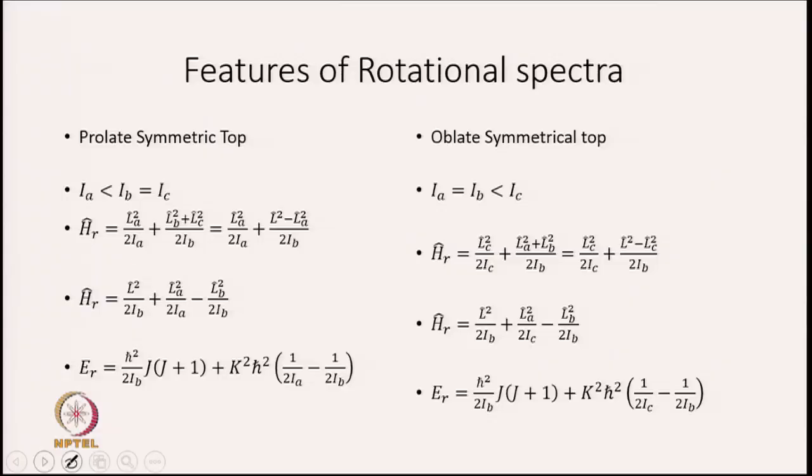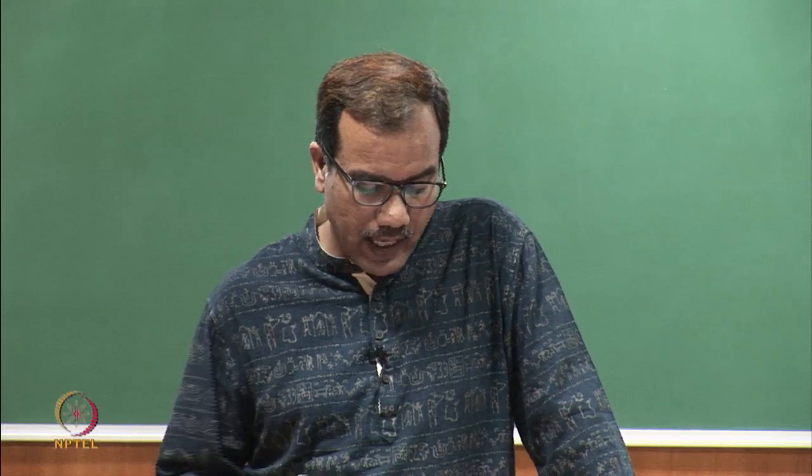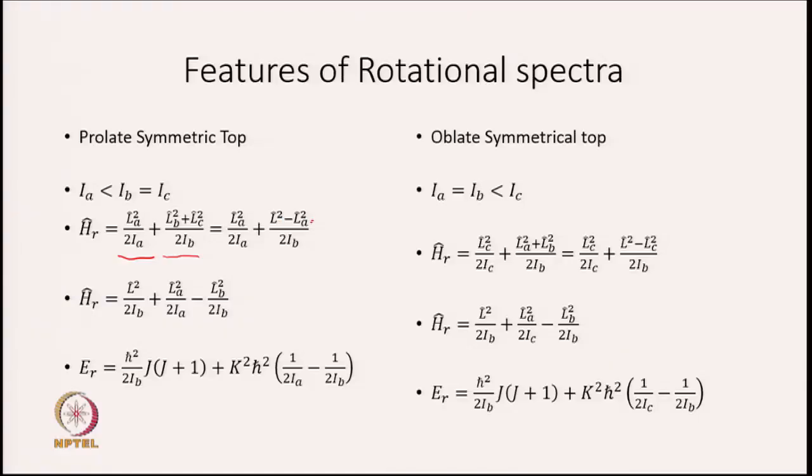So, the Hamiltonian can be written like this: operator LA square divided by 2 IA, and then LB square plus LC square divided by 2 IB. Here the moment of inertia along the B axis and C axis is equal, and this can be written as L square minus LA square.